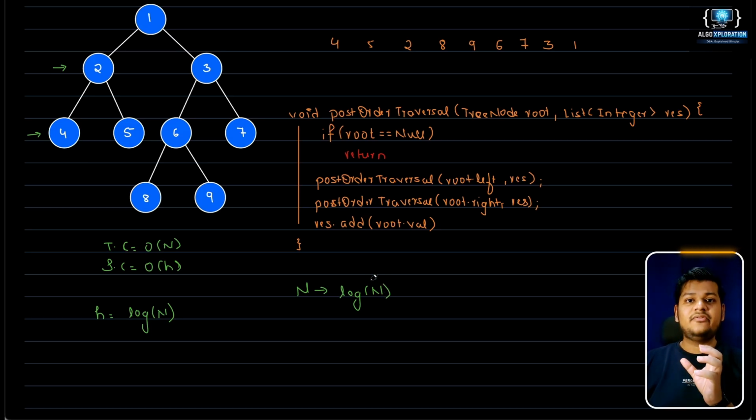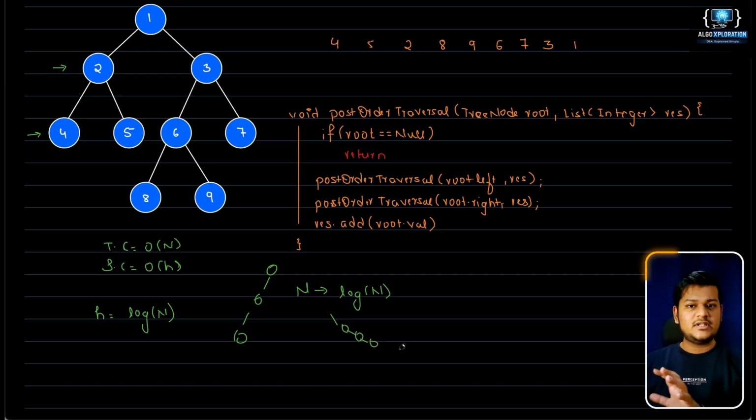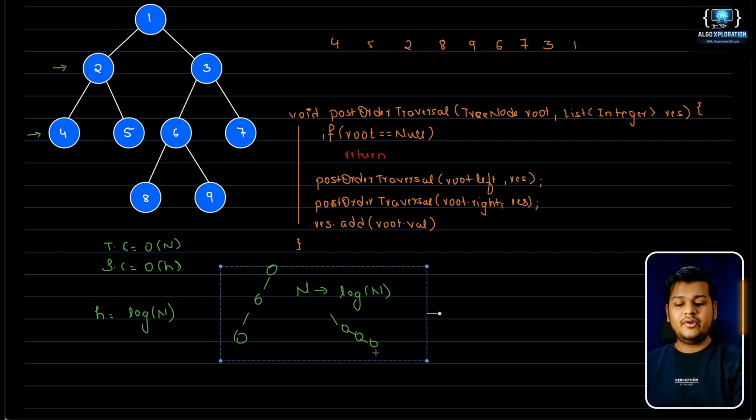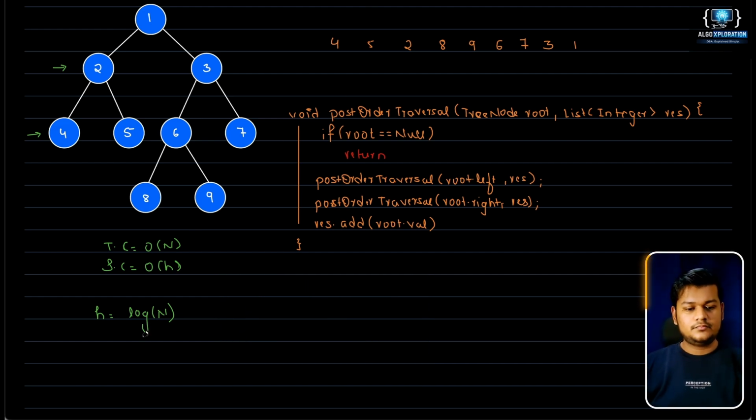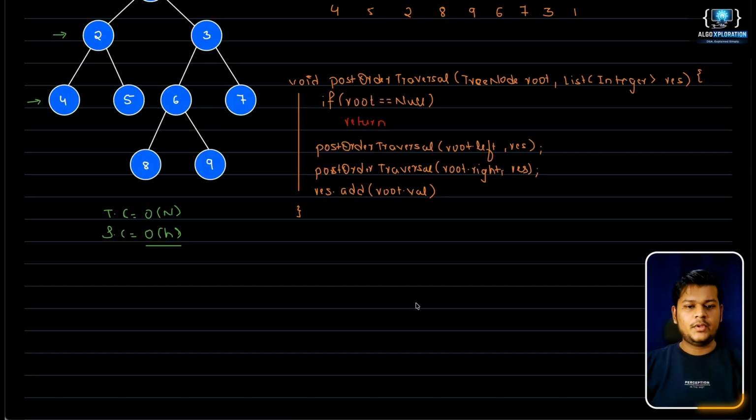But if it is a skew tree which has only 1 child, the tree will be growing either on the left side or on the right side, something like this. Due to that reason, the height of this tree will be n. So I have written h, because the value of h can be either log n or n.